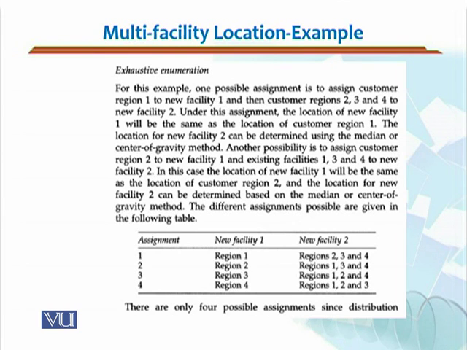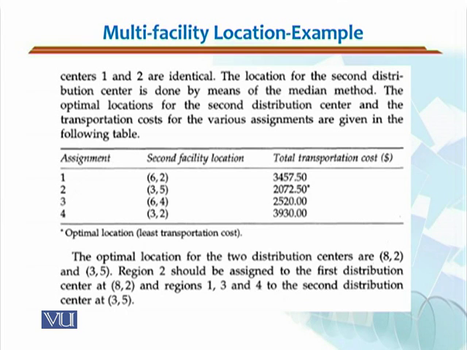Assignment 2 is where new facility 1 would accommodate region 2, and new facility 2 would accommodate the other regions, which are 1, 3, and 4, and so on. So these are the 4 possible assignments, since distribution centers 1 and 2 are identical.